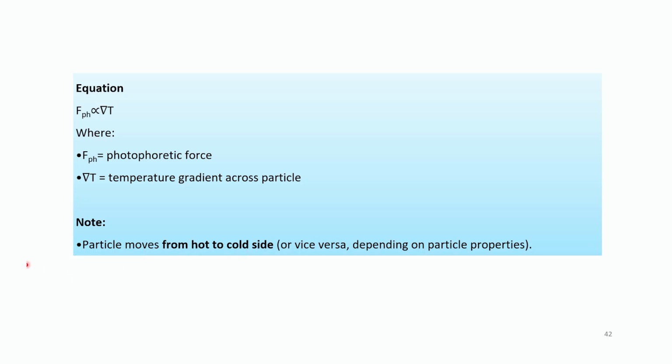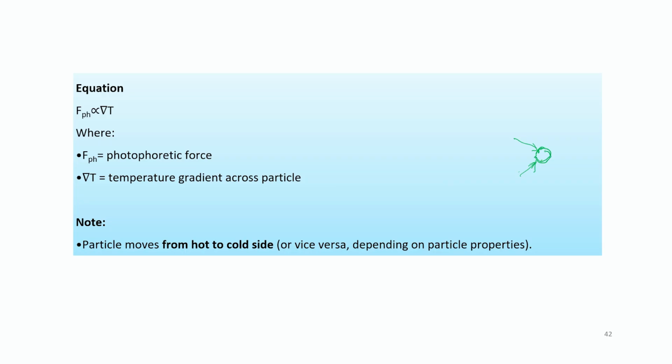So it's like, that's your particle, and you have uneven light falling onto this from all sides, and wherever light is falling there will be some increase in temperature. So there will be temperature gradients created all across the surface of this particle.